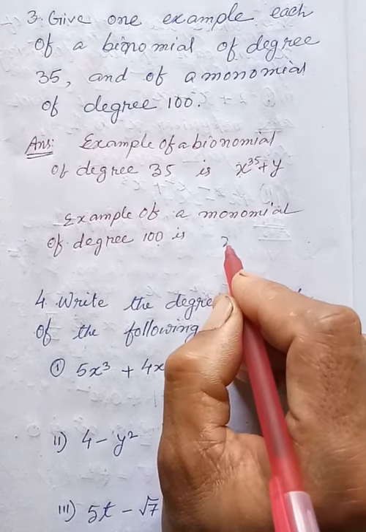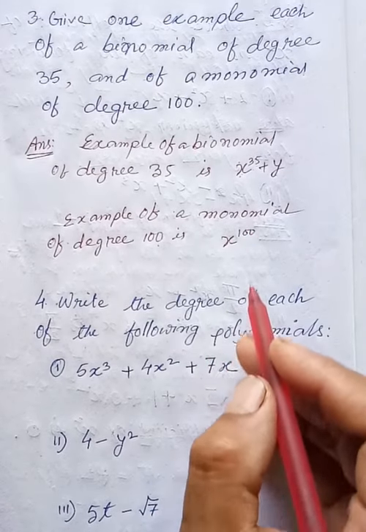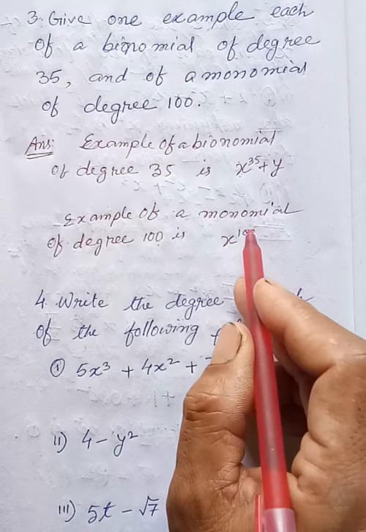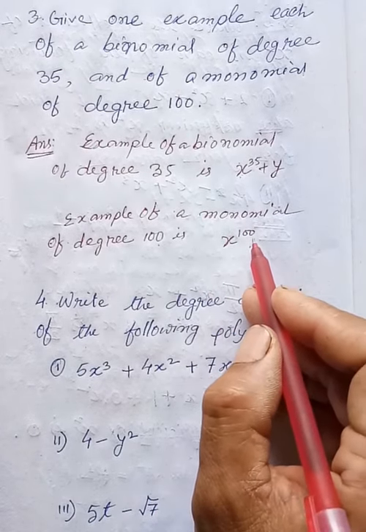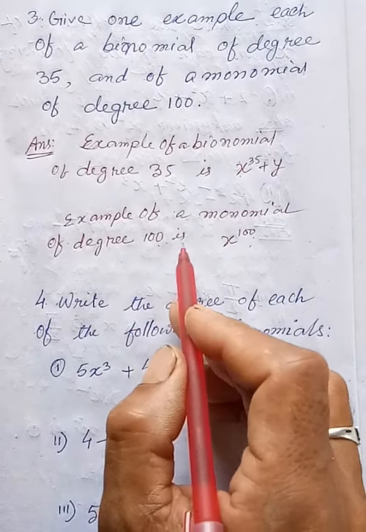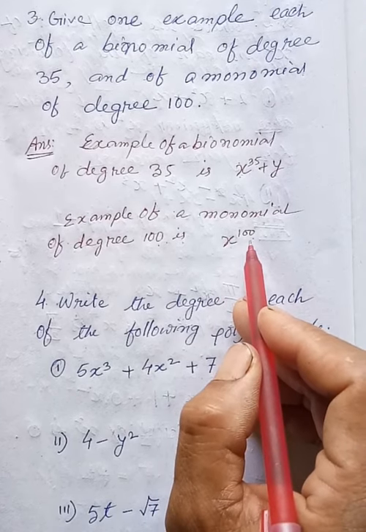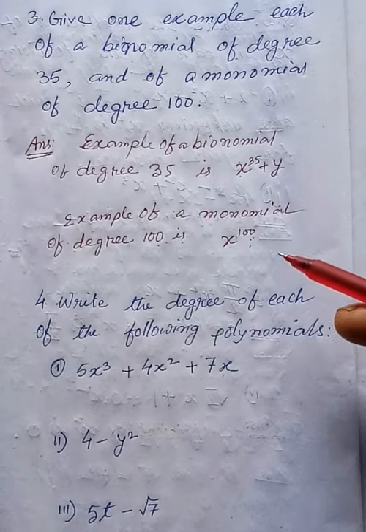So simply you can write x to the power 100. It is a polynomial and it has only one term, that is x to the power 100, and its degree is 100. So an example of a monomial of degree 100 is x to the power 100. But you can give different examples, no problem.